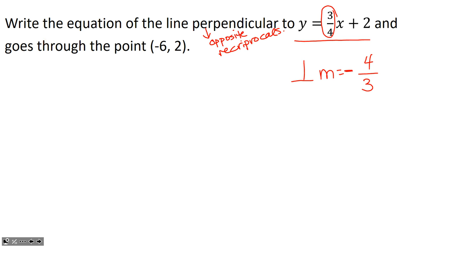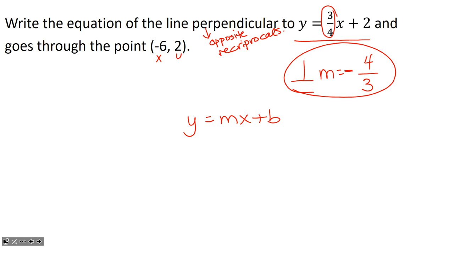And so you can use y equals mx plus b now, and you're going to plug in your slope, and you have this point x comma y. So we're going to plug in 2 for y equals, my slope is -4 over 3, my x is -6, plus b. And now I'm going to try and find b. In order to find b, I have to multiply this -4 over 3 times -6.